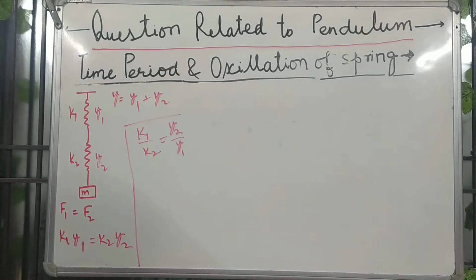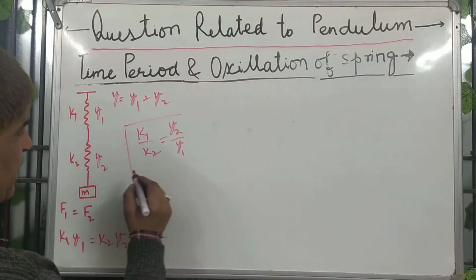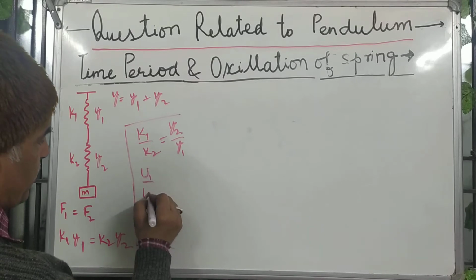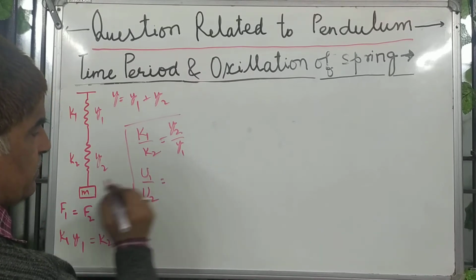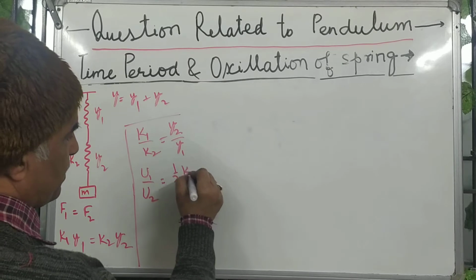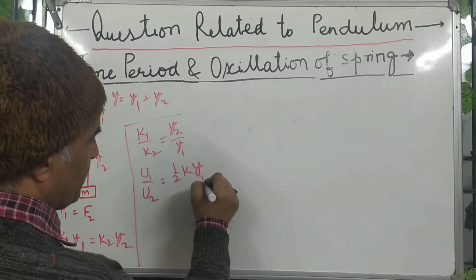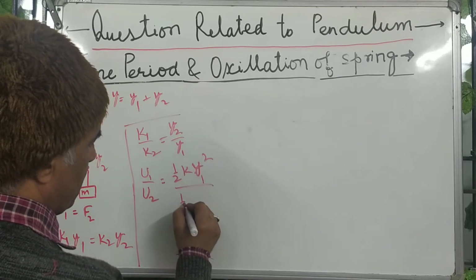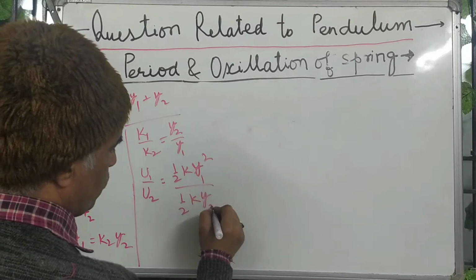Second, energy stored. The energy ratio u1 upon u2 equals half k1 y1 square upon half k2 y2 square.